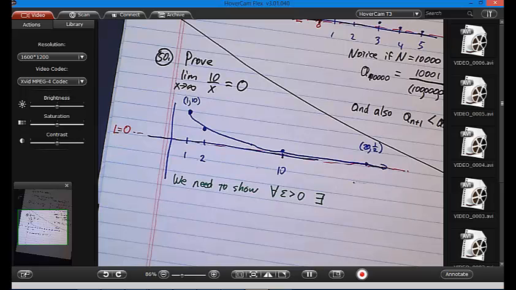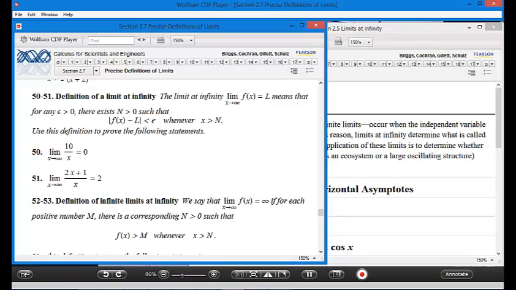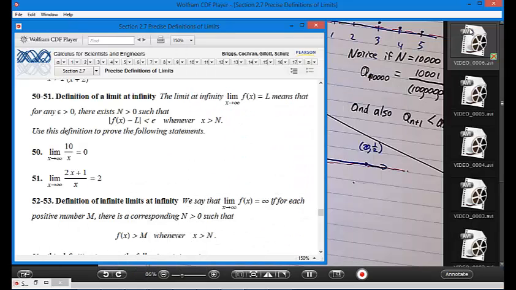Let's look in the book again. They have a definition. It says, the limit at infinity means that for any epsilon greater than 0, good. You guys see it's pretty much the same definition, right? There exists what?